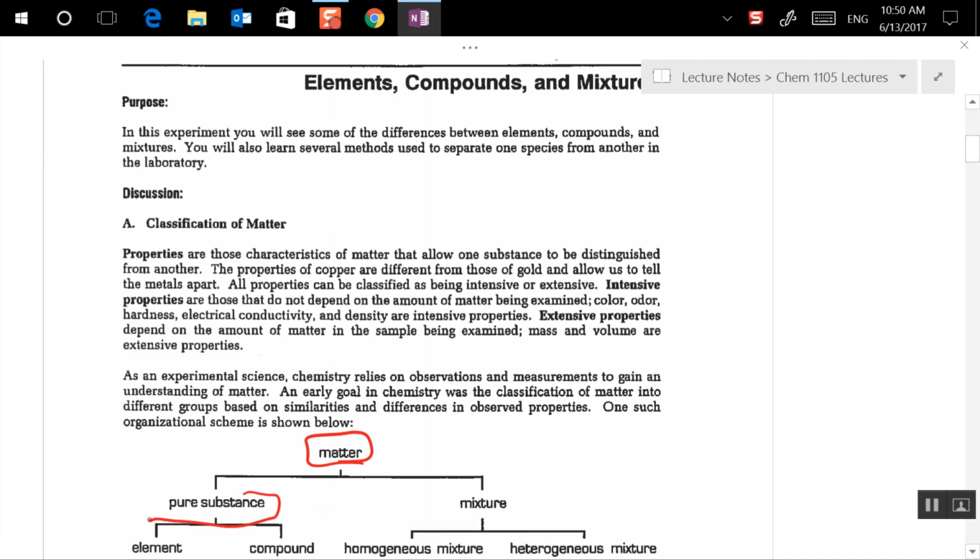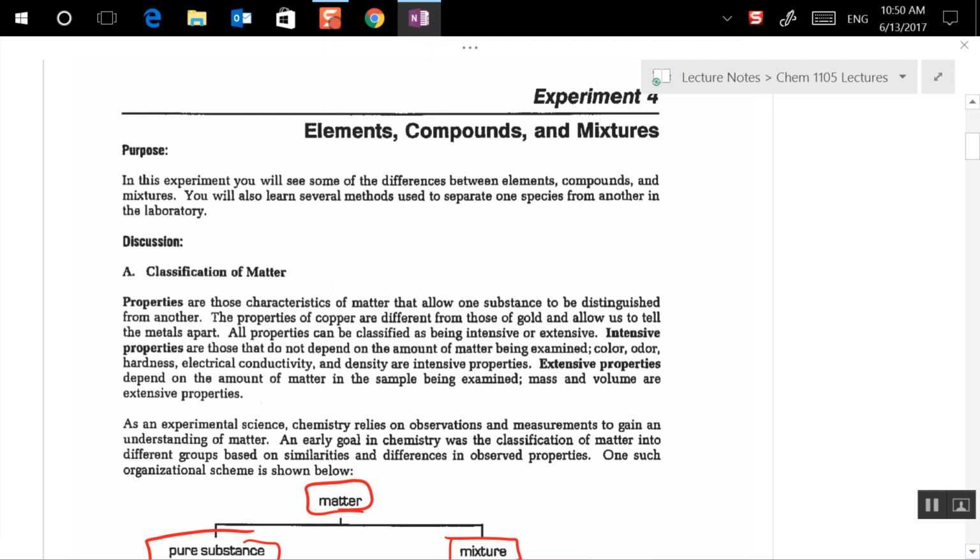Okay? And the definition of a pure substance and a mixture can sometimes be a little confusing. So if you have something like carbon dioxide, water, versus oxygen, hydrogen, if I was going to classify those as pure substances or mixtures, what would I classify carbon dioxide as?